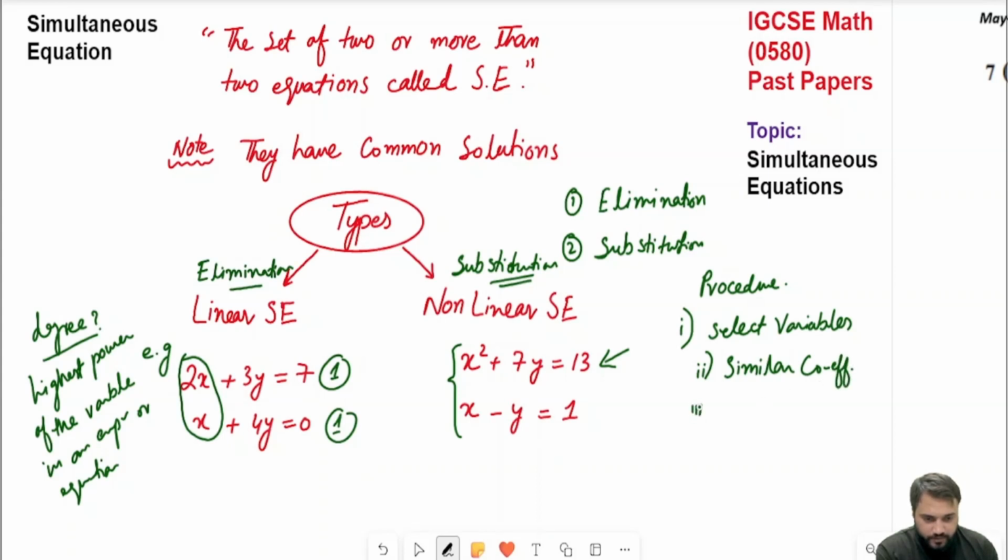And the third is eliminate them by adding or subtracting. By adding or by subtracting. So this is the procedure of elimination method.